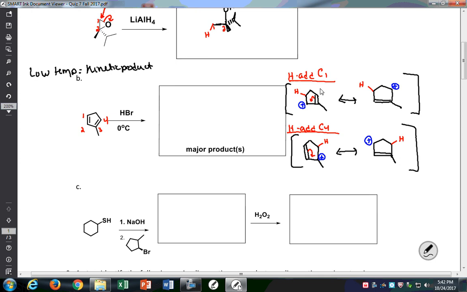So what do we have? We have secondary, again that leads to the same product anyway, tertiary, and secondary. So at low temperatures, we're going to form the product from our most stable carbocation, which is our tertiary. So the bromine's going to attack that carbon. Now that will form both enantiomers.